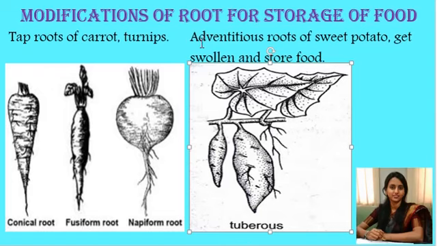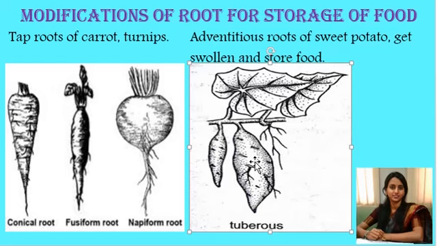Now why are sweet potatoes known as adventitious modified roots for the storage of food? Because these roots have developed from the branches, and remember, sweet potatoes are not produced in clusters but are produced singly.